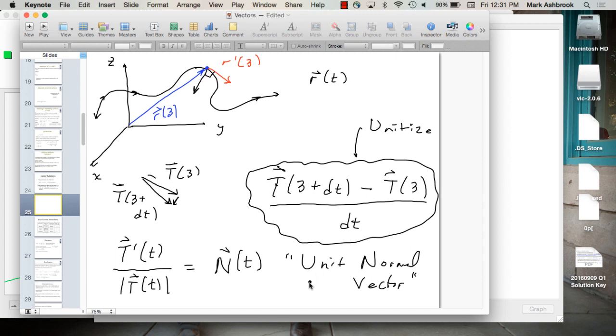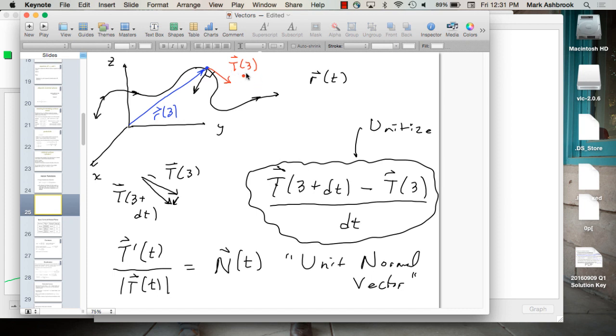Okay, all right, and so then there's a third vector called the binormal vector. Sorry, I drew r prime of 3 there, and I want to change that to T of 3. Is that okay? So now we're looking at the unit vector in the direction of motion.